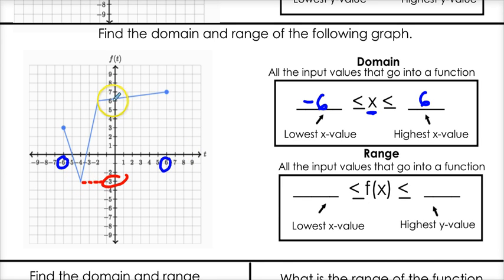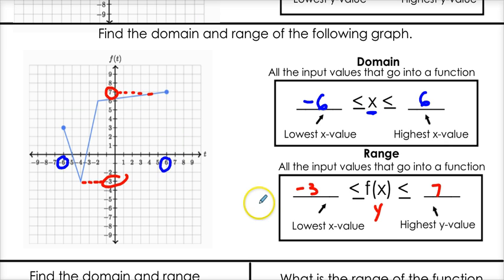The highest y value goes all the way up to 7. Why did I say 6? That's the highest y value I find. So the range is from -3 to 7, right? So y is between -3 and 7. All numbers in between -3 and 7 are our range. All right? So that's how you find the domain and range from a graph.